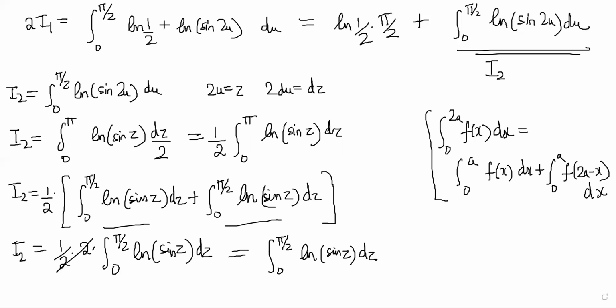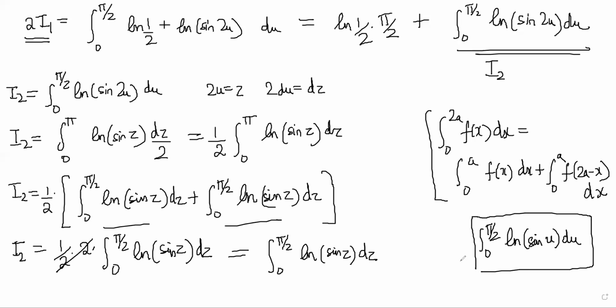So remember that 2I1 was equal to this, right? And what was our I1? I1 was basically integral 0 to pi by 2 ln sine u du. This was my I1 initially when I had written it. So that means that this I2 is equal to I1. So what happens here is ln half into pi by 2 plus I1, right?